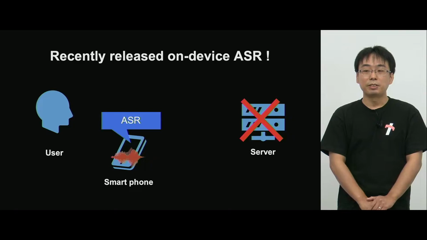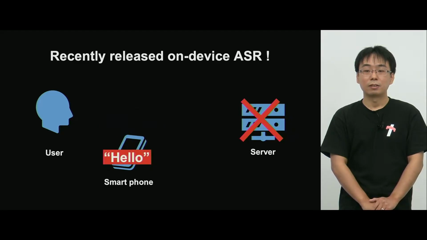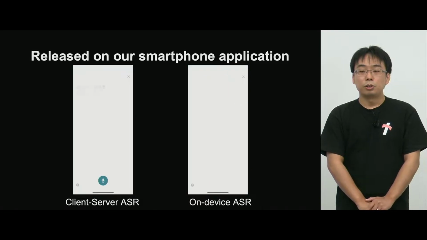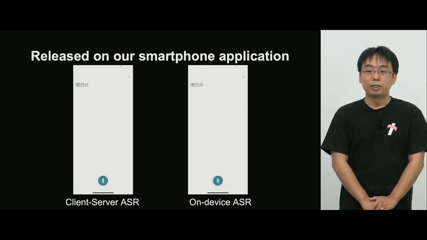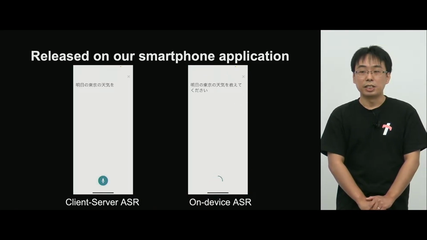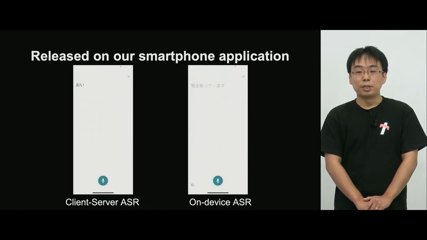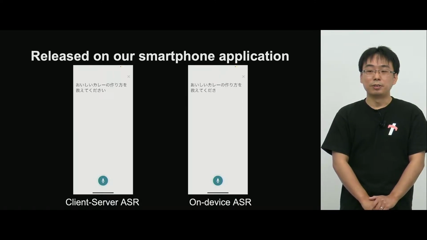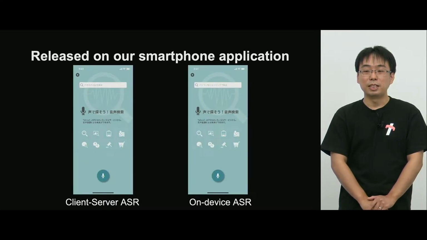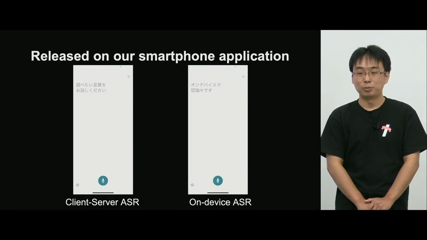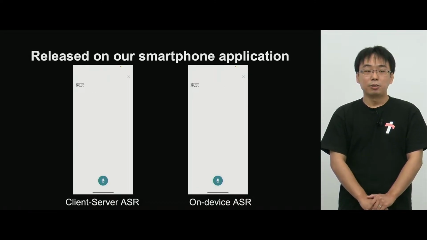Also, people who don't want to send their voice to the server can easily use the ASR technology. So this is the advantage. This function is also implemented in our 音声検索 app, which is our lab application. The 音声検索 app is downloadable from the Apple Store, so if you are interested, please download it.